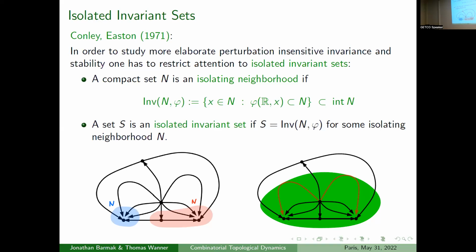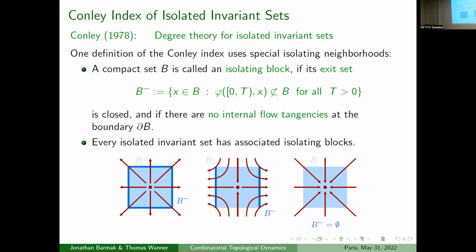And basically, we call an invariant set an isolated invariant set if it is the largest invariant set within some isolating neighborhood. And these have very nice perturbation properties. If you take, for example, an isolating neighborhood and you change your flow slightly, or even change the neighborhood slightly, it's still going to be an isolating neighborhood, and there still might be some associated isolated invariant set inside.